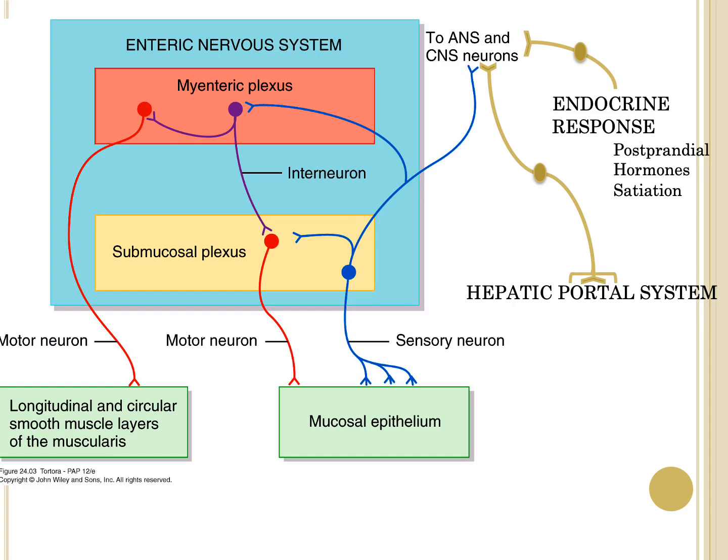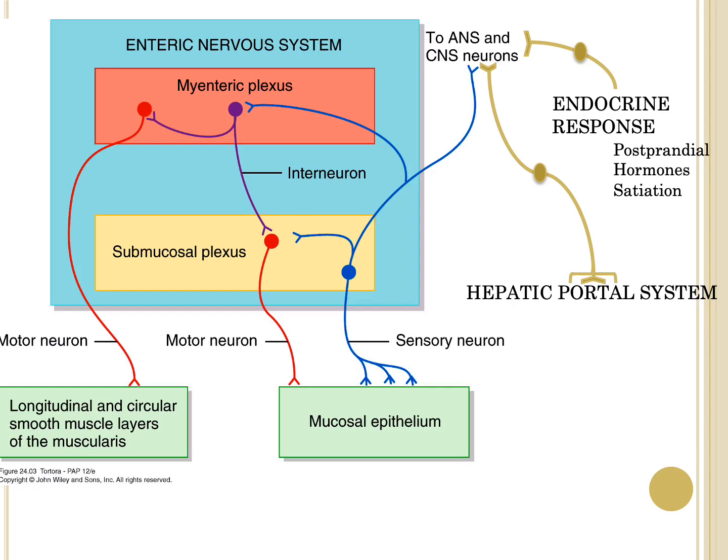So when we look at this regulation pathway, we basically lay out within this schematic where we're going to have the interactions within the enteric reflexes of the myenteric plexus and the submucosal plexus, which is going to regulate the sensing of nutrients as well as sensing of chemicals within the alimentary canal, as well as the rate at which peristalsis will be allowed to progress based off of reflexive regulation of the smooth muscle within the mucosal layer, the muscularis layer of the luminal tissues of the alimentary canal.